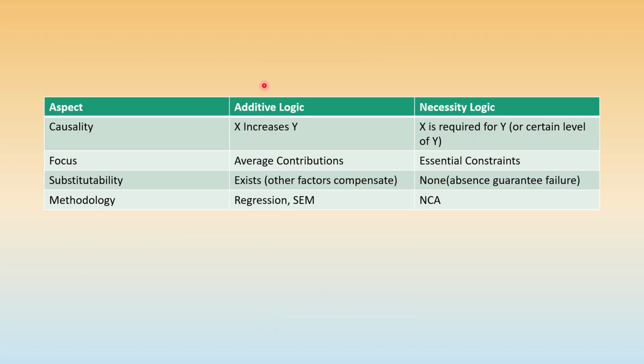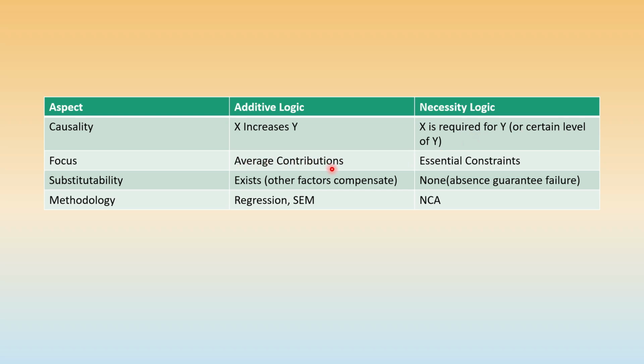What is the difference between additive and necessity logic? In additive logic, we say that X increases Y, or X1, X2, X3, X4 increase Y. In necessity logic, we say that X is required for Y, or for a certain level of Y, as we will see further.